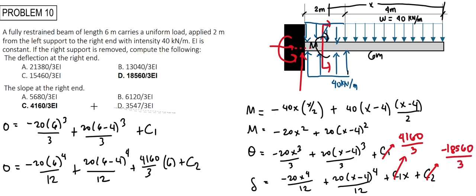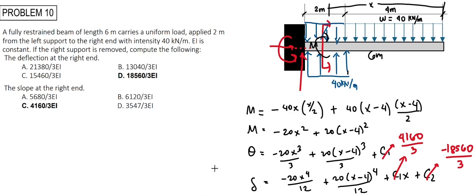Now that we have our slope and deflection equation, we can now proceed solving for the problem. So the deflection at the right end, that is where x equals 0, we will utilize the deflection equation. So at x equals 0, we have negative 20 times 0 raised to the 4th power over 12, and we cannot use this expression because this only works for values that are greater than 4.